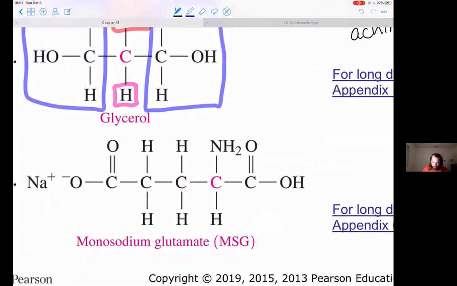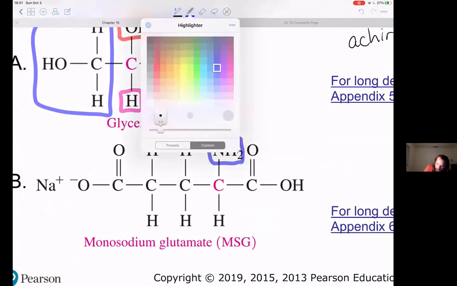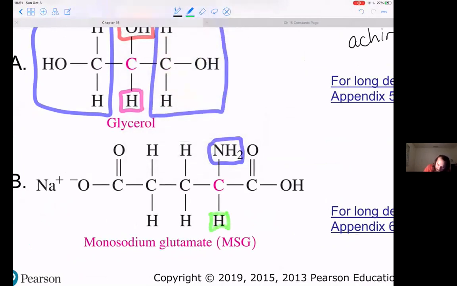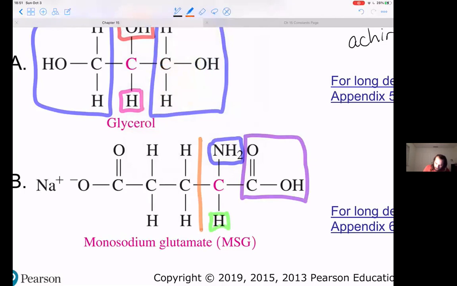All right, what about in this molecule here? This is MSG. We have that carbon in pink that we're talking about. All right, so this is different. This is different. This is a carboxylic acid group. And then this back here is also its own big ugly thing. Okay, so notice how I'm not just looking at exactly what the next door neighbor is.